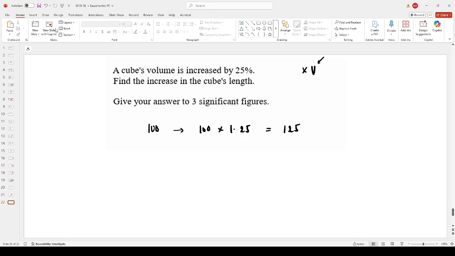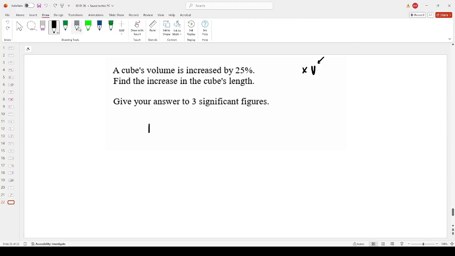Let me know if that makes sense. So here's the volume of a cube. We're going to call it V. We're going to times it by 1.25. So do you get 1.25 V? Is that the volume of the new shape? Okay.